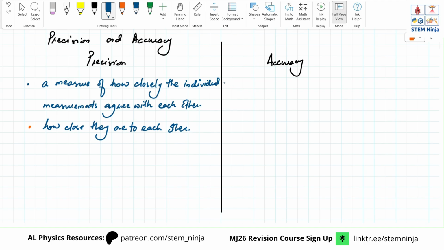Now, accuracy, on the other hand, measures how well the measured value, or even the average of multiple measurements, agrees with the true value. So, a measure of the difference between the measured value and the true value.